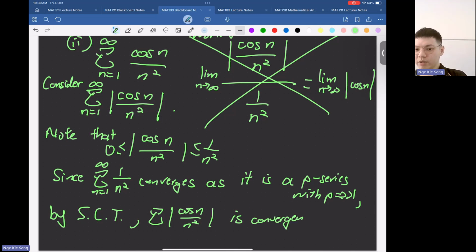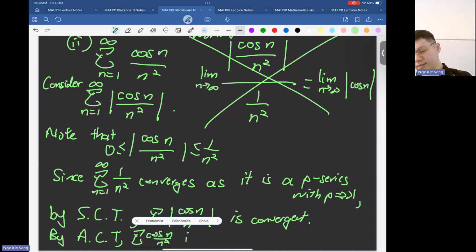Meaning, by the absolute convergence test, the original series also converges. It doesn't just converge, it must converge absolutely. Okay, absolutely convergent.